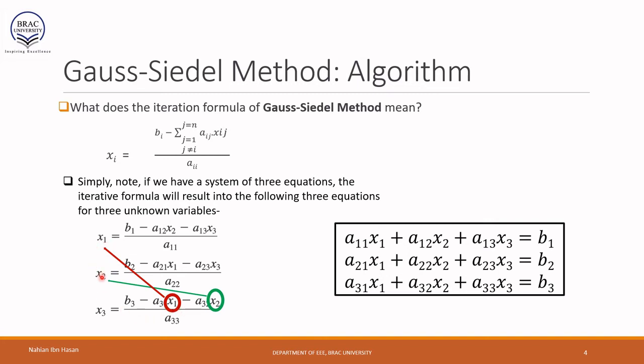So using these modified x1 and x2, we can determine the value of x3. Remember, in determining x3, we are not using the initial values of x1 and x2, because we have already determined the modified approximations, and so we use the most current values of these unknown variables.